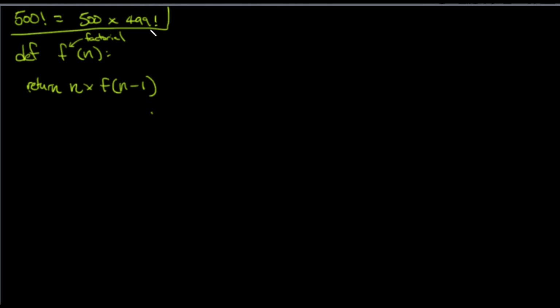And for those of you who haven't seen this kind of thing before, where we define a method, where inside the method we use the method itself, it might seem kind of weird and you might be a little skeptical at first, which is very reasonable. It almost seems circular that to define a function f, we use f.